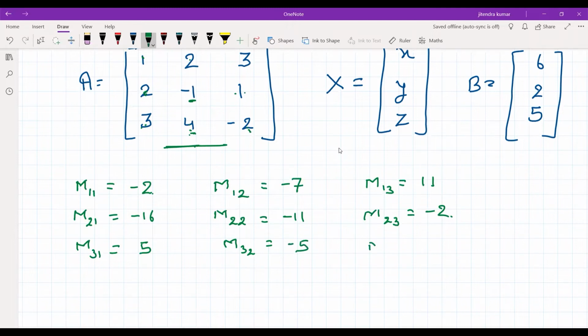And M33 will be equal to -1 - 4, that will equal -5. So these are all minors.